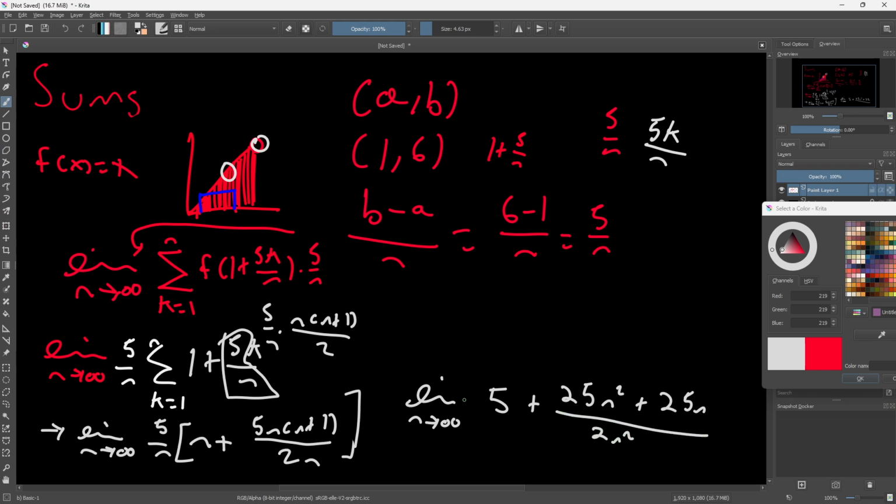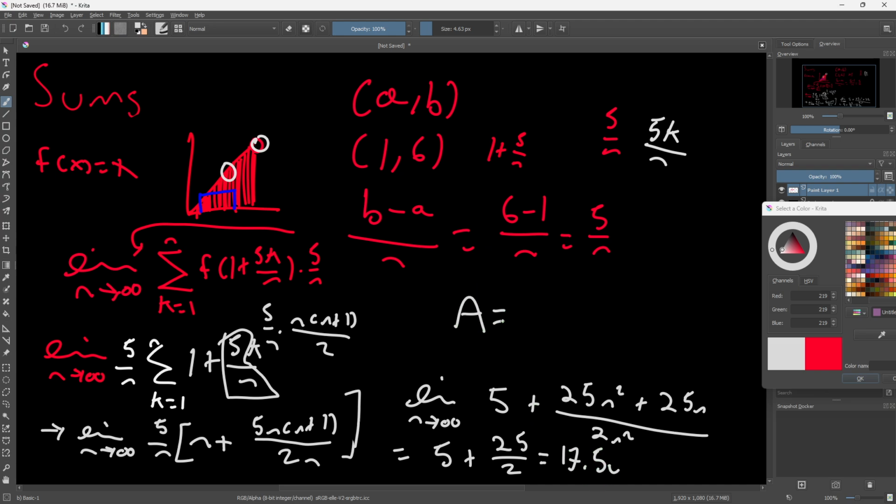And I'm sorry, it's kind of slanting. And if we remember our limit to infinity rules, this would just equal 5 plus 25 over 2, because these are the same exponent, which would equal 17.5 units.